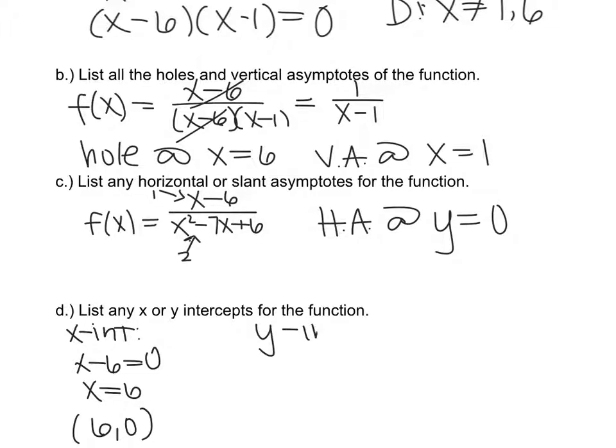Our y-intercept comes from when we evaluate the function for 0, which leaves us with the constants in our numerator and denominator being divided. So in this case, that would be negative 6 from the numerator divided by 6 in our denominator, which becomes negative 1. So that means we have a y-intercept at 0, negative 1.